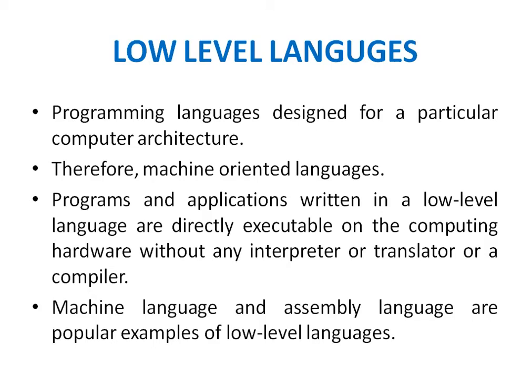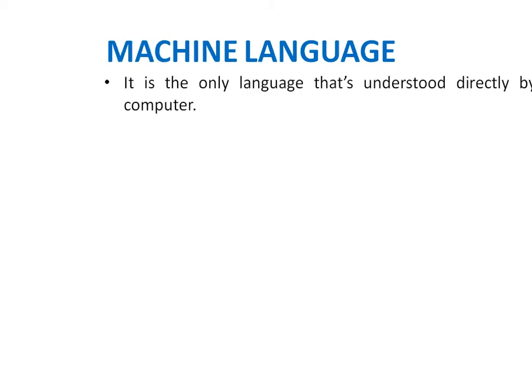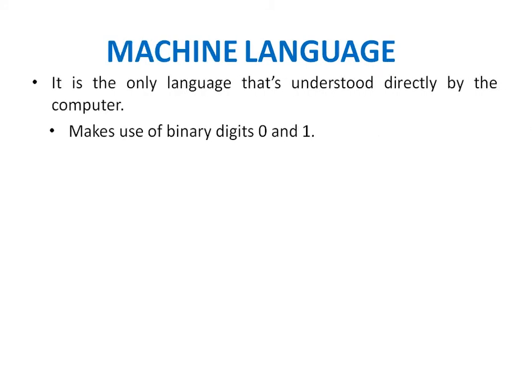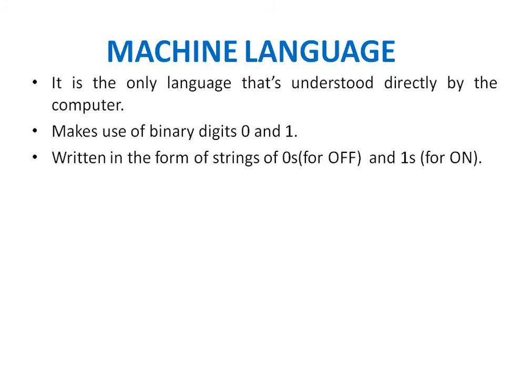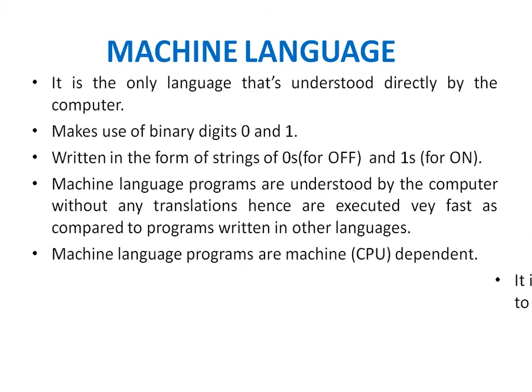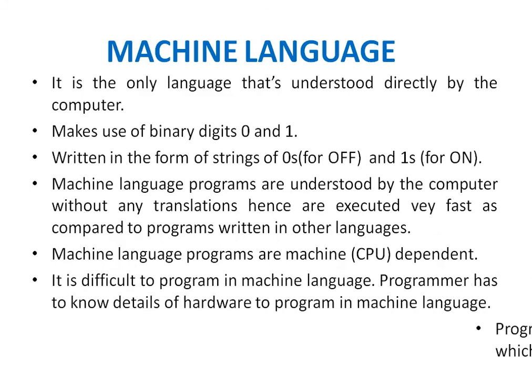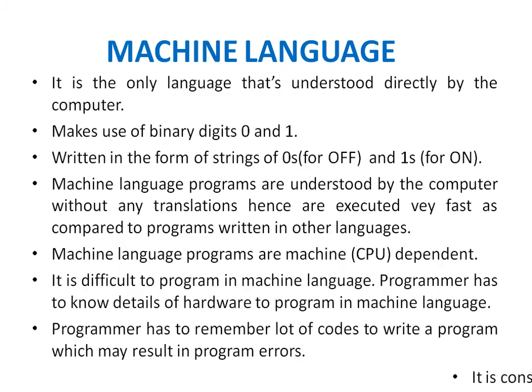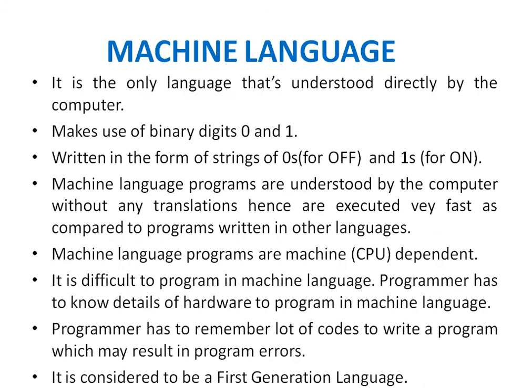Machine language and assembly language are popular examples of low-level languages. Machine language. Machine language is regarded as a low-level language because it is the only language that is understood directly by the computer.